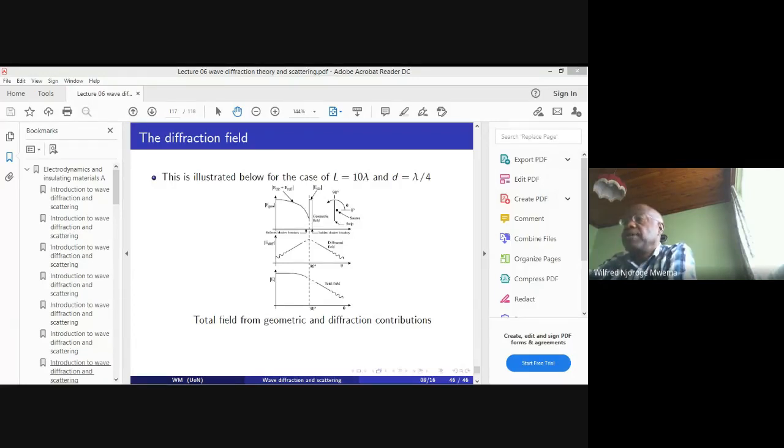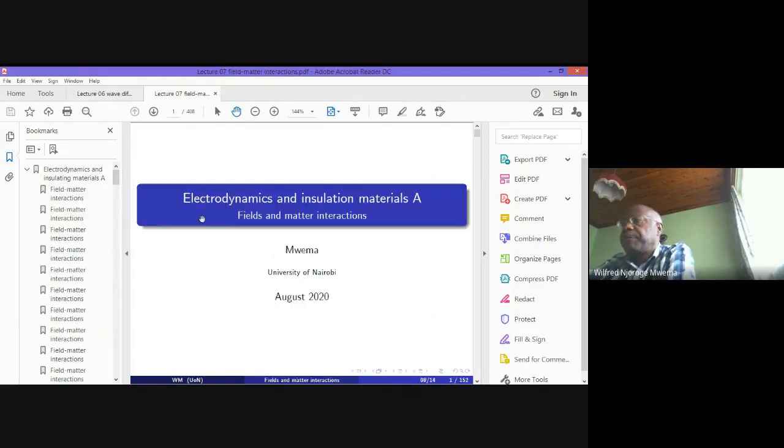Now we need to look at what we call dielectrics. By dielectrics, we mean looking at them in terms of insulators for the people who will be working with high voltage engineering, that is power systems, transmission, and substation designs, and so forth.